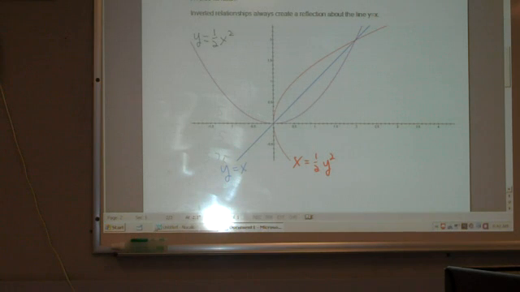So here you've got the original function. You've got its inverse. You've got the line y equals x. This shows all the relationships between them.